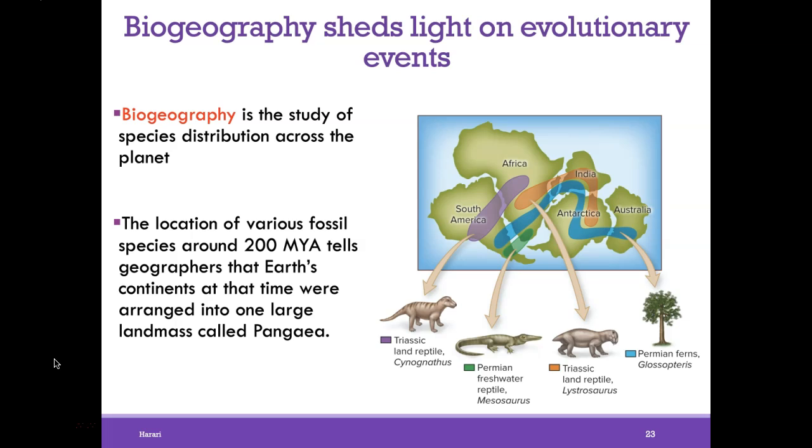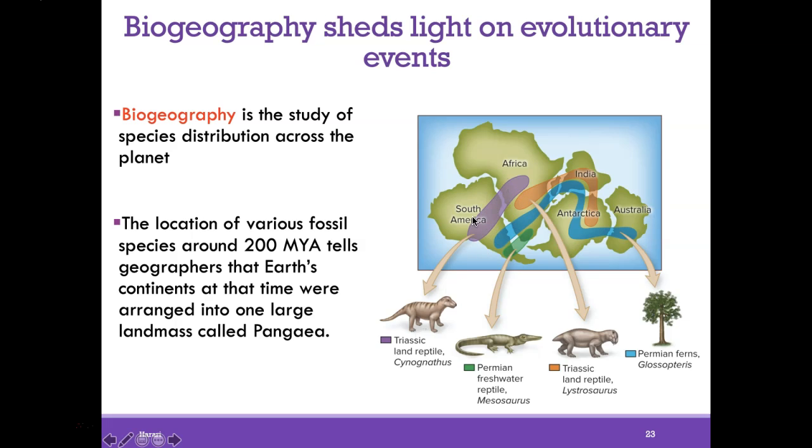So like I mentioned, biogeography is the study of species distribution across the planet. And the locations of different fossils helped explain how Earth's continents were once one big landmass called Pangaea. So because fossils of this Triassic land reptile are only found in parts of South America and Western Africa, we could put together pieces of the puzzle to know that these two land masses were connected.